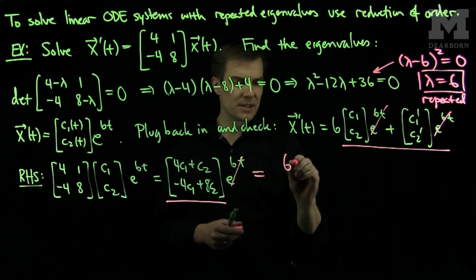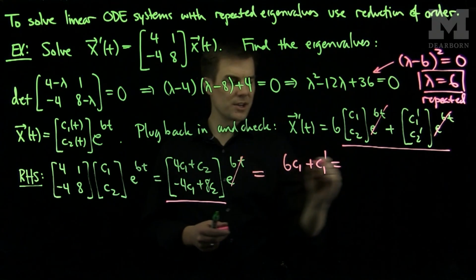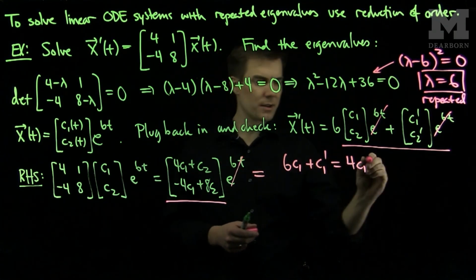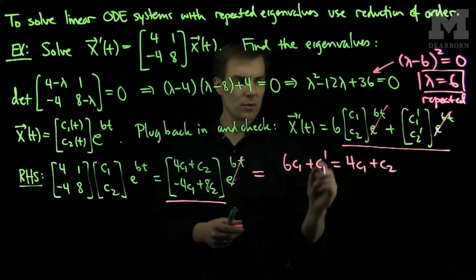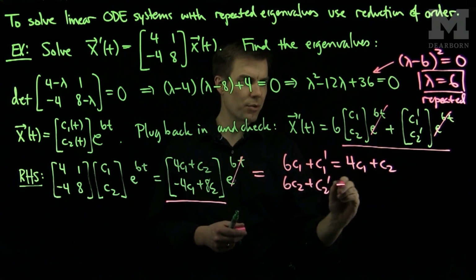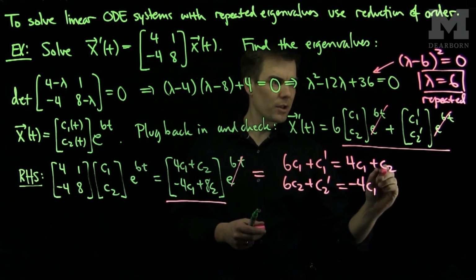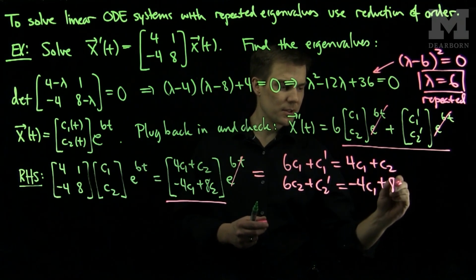We will have that 6c1 plus c1 prime is equal to 4c1 plus c2, and 6c2 plus c2 prime will be equal to negative 4c1 plus 8c2.